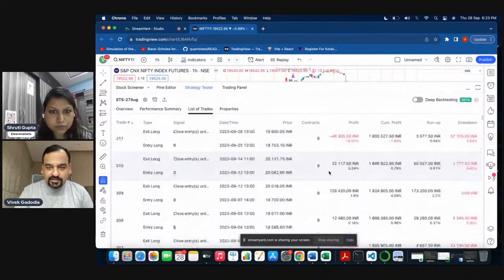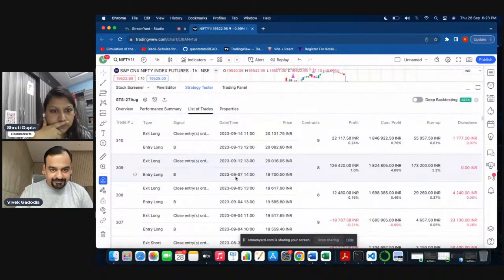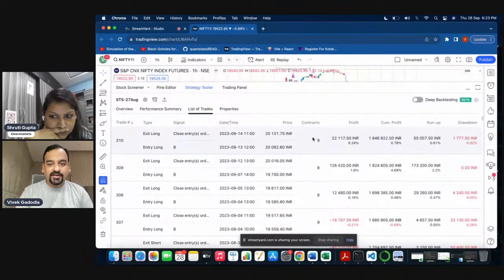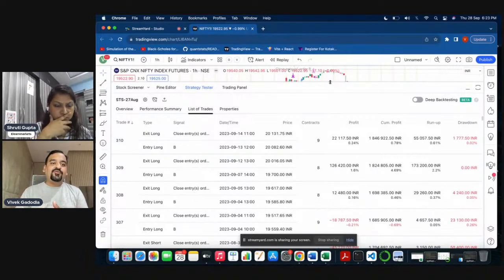Before this, in September, in that run up, we got a good long trade. These trending systems generally do well when the market is favorable, and right now it is mostly favorable for trending systems in index and even stocks this year.